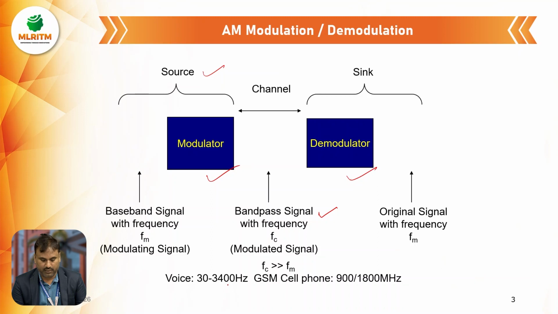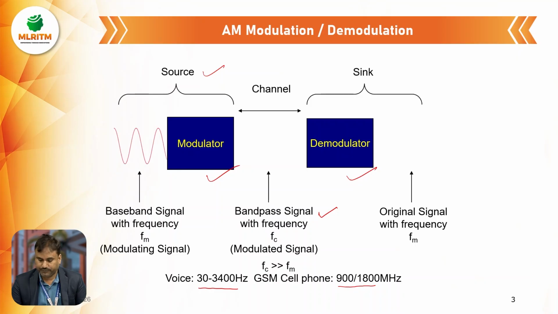Voice signal is generally 300 Hz to 3400 Hz, and in cell phones we use carrier frequencies of 900 or 1800 megahertz. The carrier frequency carries the message signal for long distance communication. So this is the modulation and demodulation process.